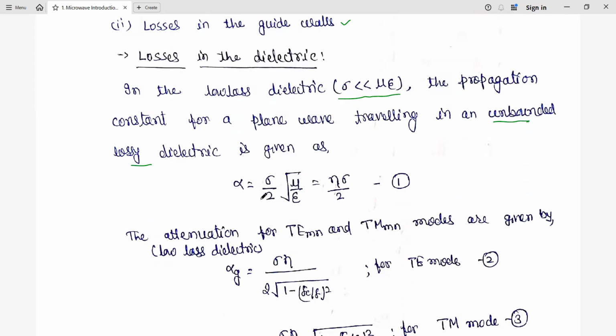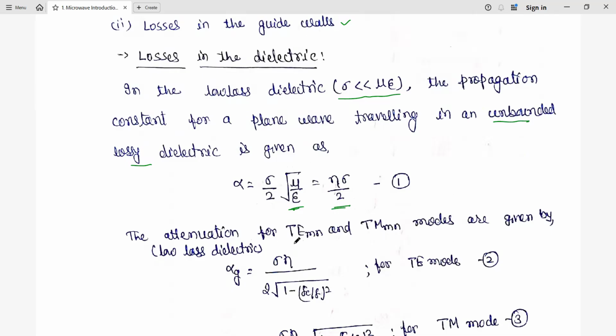Lossy dielectric means it has some conductivity. If you talk about a perfect dielectric, that conductivity will be 0. So alpha, the attenuation, equals sigma by 2 root under mu by epsilon, and root under mu by epsilon is eta. So finally it is written as eta into sigma by 2.